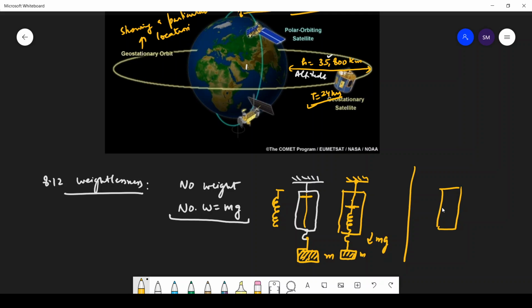You have a spring, hold it from one hand, and apply the force on the other end with the other hand.